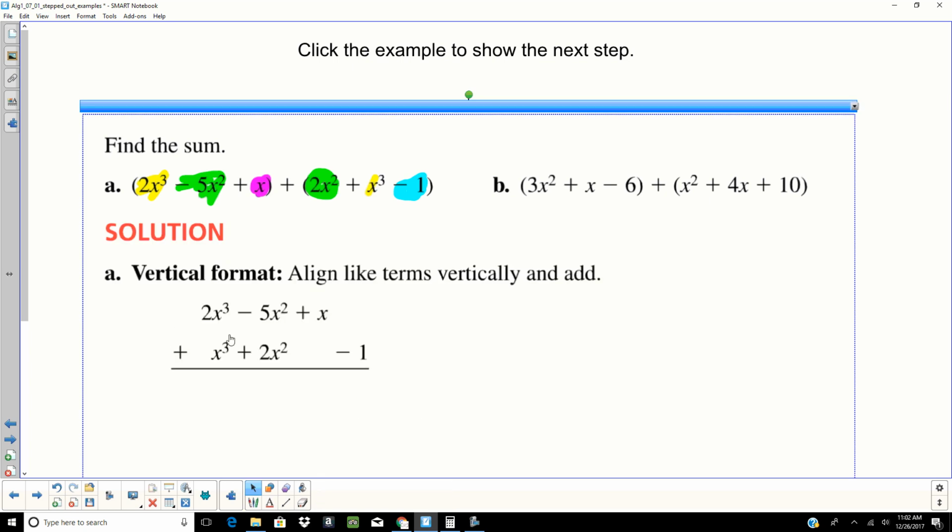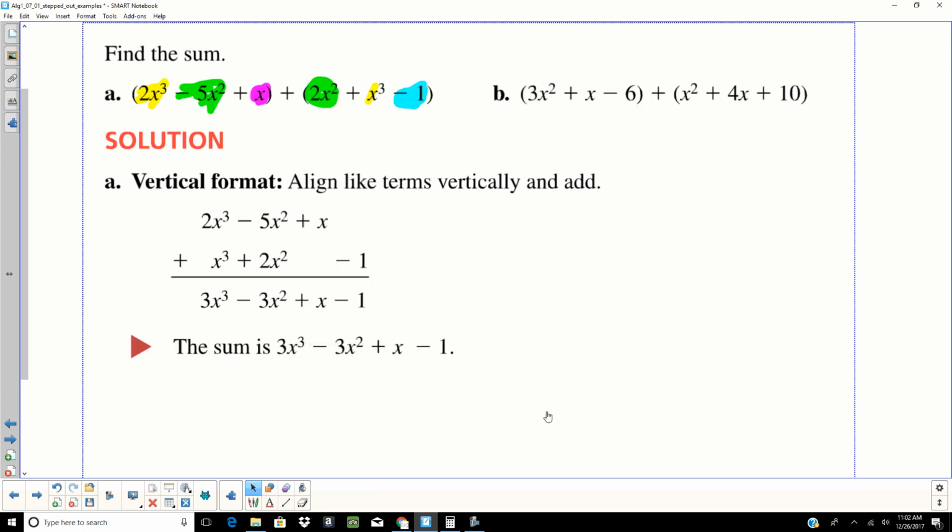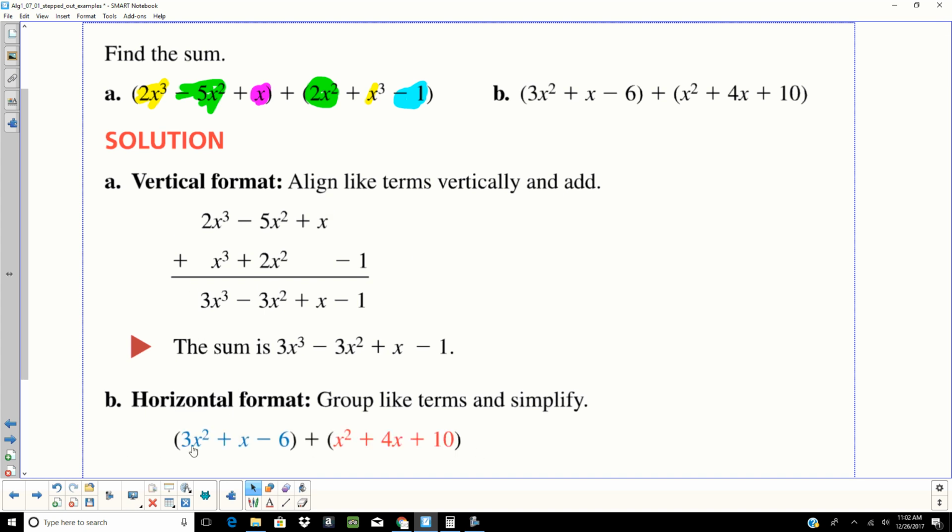So I don't normally do it vertically like this. I would just go ahead and combine my like terms. Show you both methods. So vertically, you just line up your like terms and then add them together. Here, just line them up horizontally.